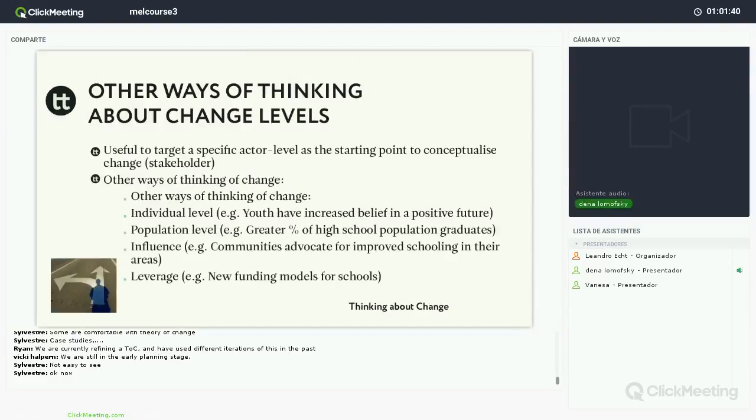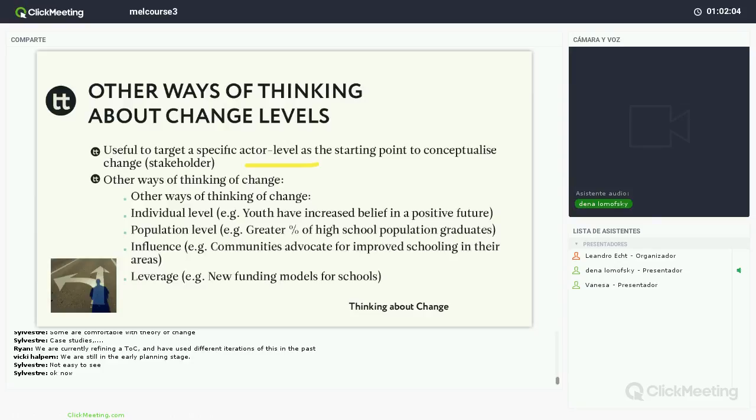So it's another way to think about change, to think about different levels. Another way to think about levels of change is outcome mapping. You can think about change from the perspective of the specific actor. What are the changes I want to bring about with researchers in the community? What are the changes that I want to bring about with other think tanks?